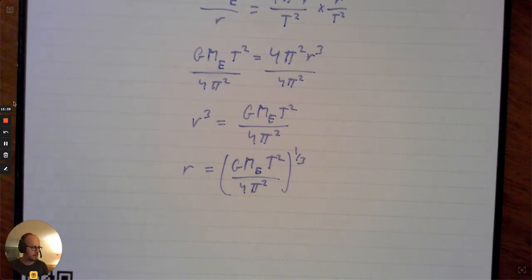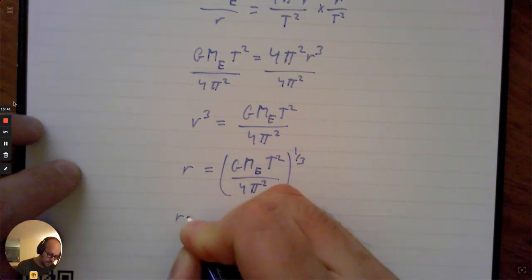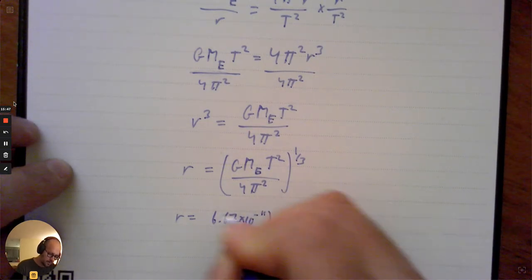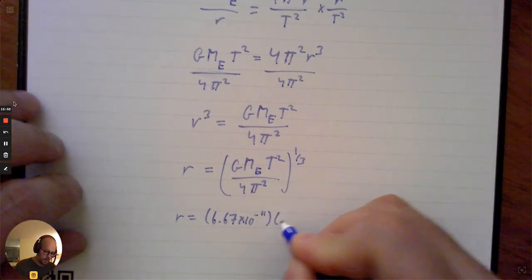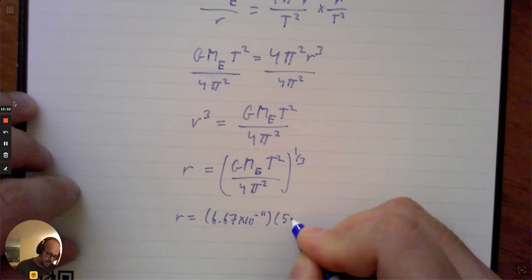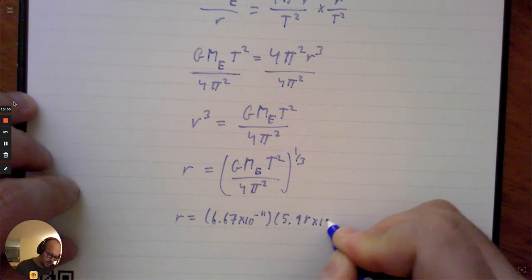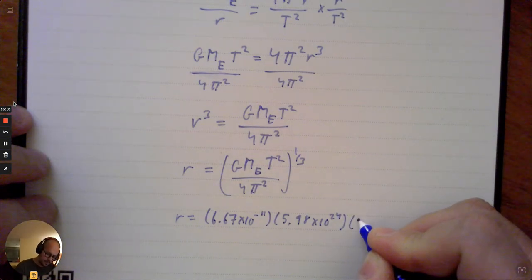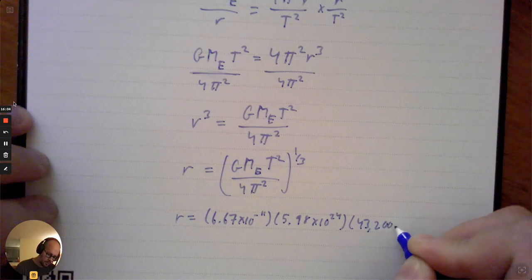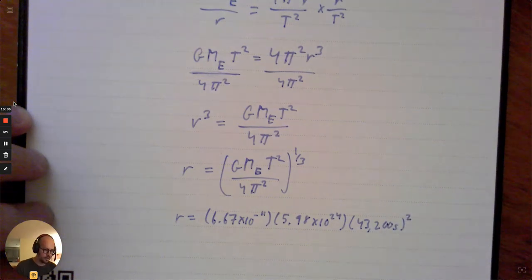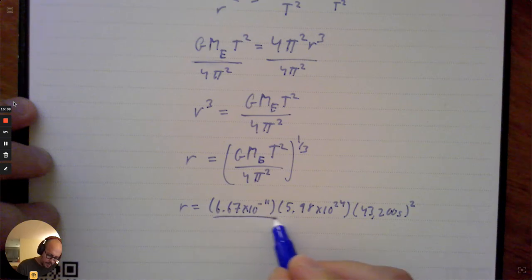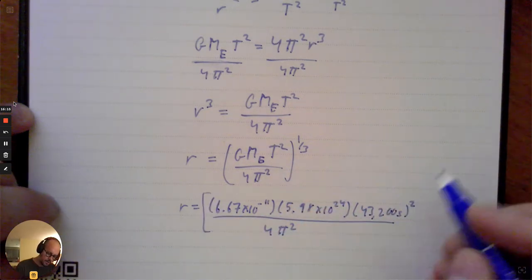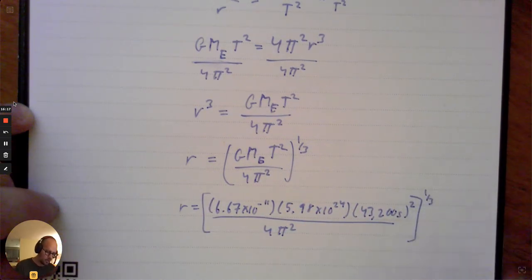Okay, so now I just have to organize my info here. This value of R is going to be 6.67 times 10 to the negative 11th, that's G, forgive me for not using units, times the mass of the Earth, 5.98 times 10 to the 24th kilograms, times the period, 43,200 seconds, squared, divided by 4 pi squared, and then all of that is going to be cube rooted.